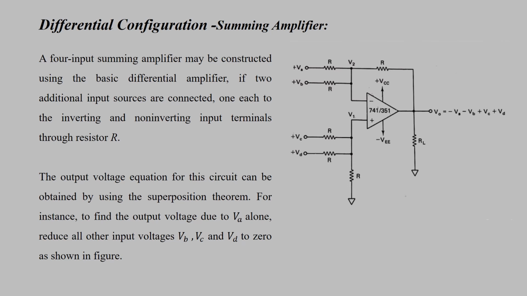For a 4-input summing amplifier construction using the basic differential amplifier, we need 2 additional input sources, and they are to be connected one each to the inverting and non-inverting input terminals through resistor R. The output voltage equation for this circuit can be obtained by using the superposition theorem, which means that to find the output voltage due to VA alone, we have to reduce all other input voltages VB, VC and VD to 0.